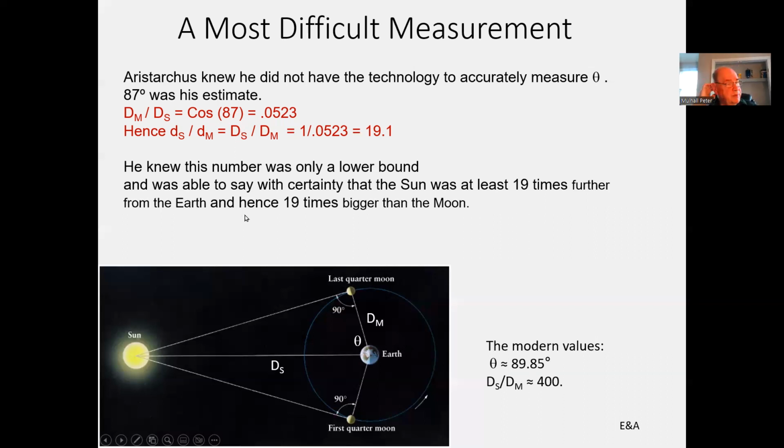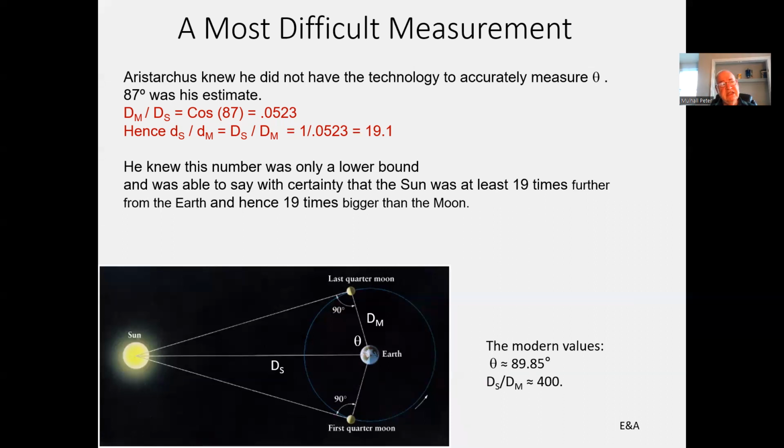He did know that this was a bad approximation. He did know that, in fact, the number should be larger than 87, but he really had no way of knowing, so he left it at that. And he left it at the fact that the ratio of the sizes of the sun to the moon is the same as the ratio of the distances of the sun and the moon, and that is approximately 19.